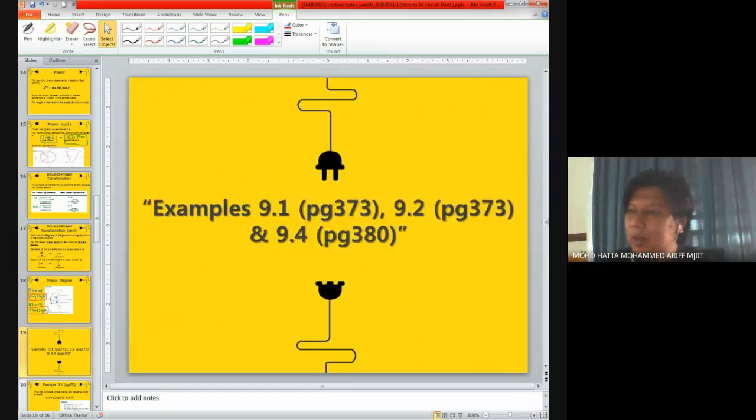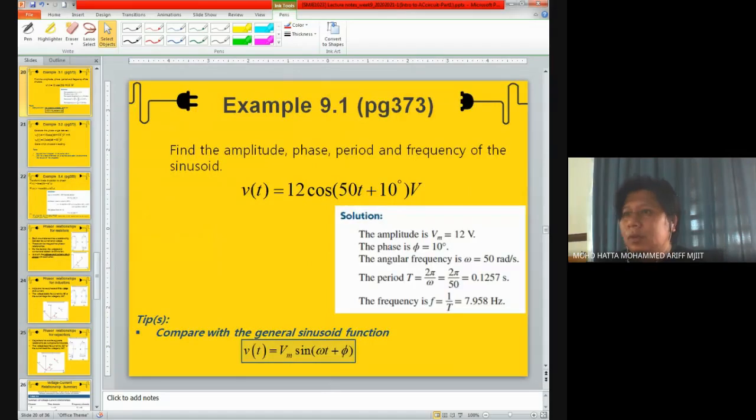Now we move on into examples 9.1, 9.2, and 9.4. 9.1 is a very easy example. You need to find the amplitude, phase, period, and frequency of the sinusoid. Based on the information that we have over here, we know that this is related to the amplitude.